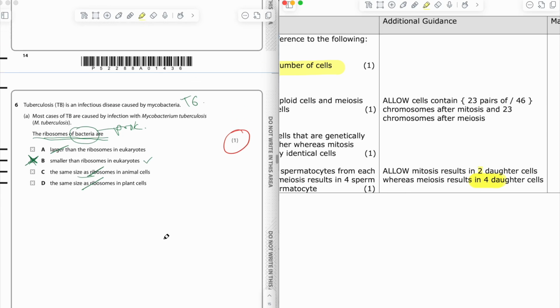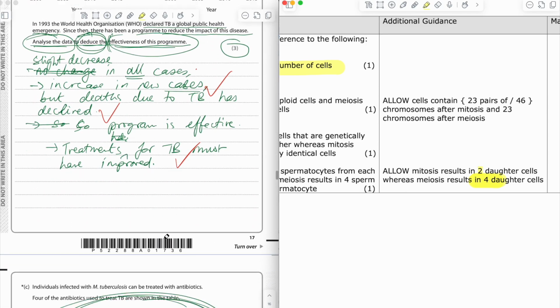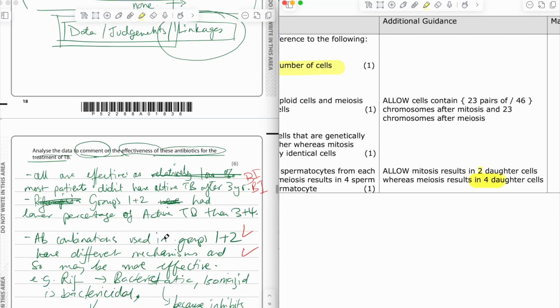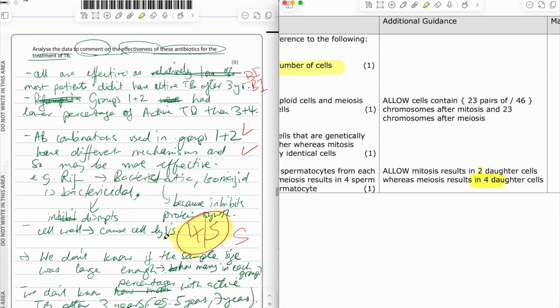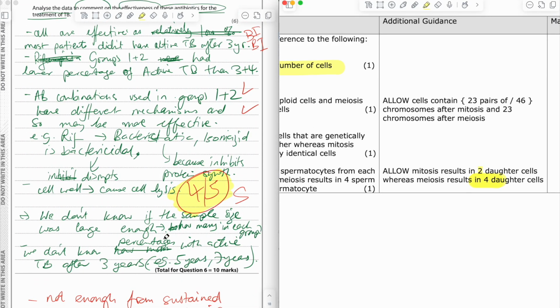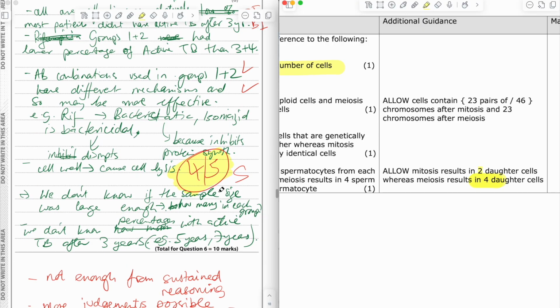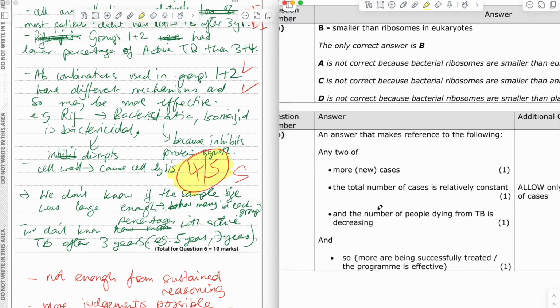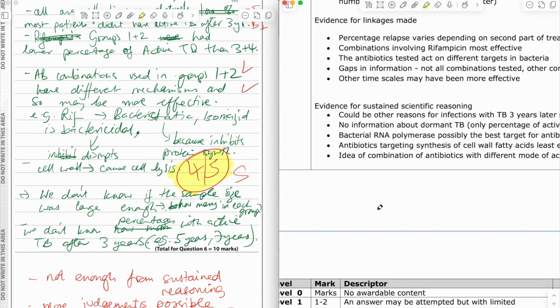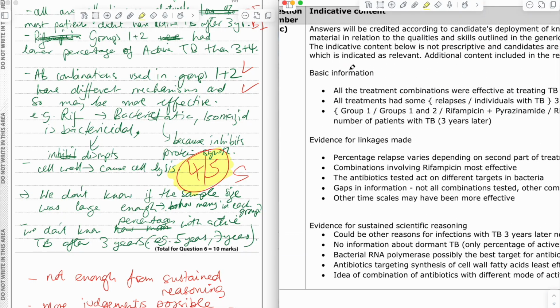Okay, question 6. That was fine. I'm always reluctant to give 6 marks on these questions. The criticism I would give myself in this answer is that from the mark scheme, what you want to do is get a couple points from here, a couple points from here, and at least a couple points from there.